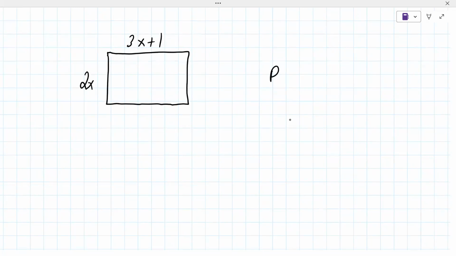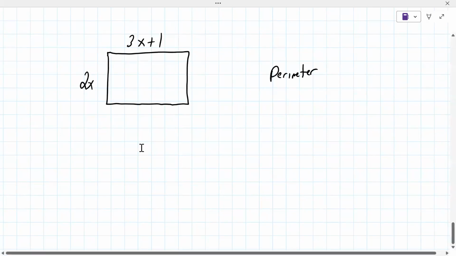Okay, let's say you have a rectangle and this is 2x and this is 3x plus 1, and I want you to find the perimeter. Okay. So just to be clear, if this left side is 2x, what is the right side? 2x. And what about the bottom? 3x plus 1. And the perimeter is all the way around.